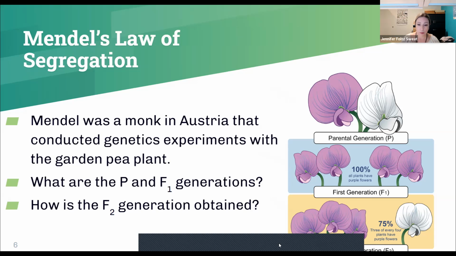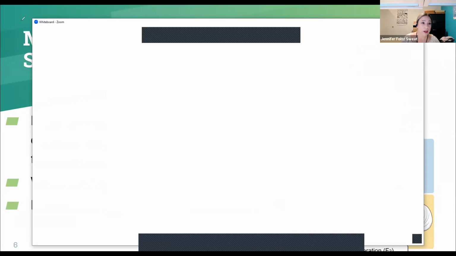We're going to go to the whiteboard to take a look at the crosses that Mendel performed. Okay. We are going to look at the gene for flower color.